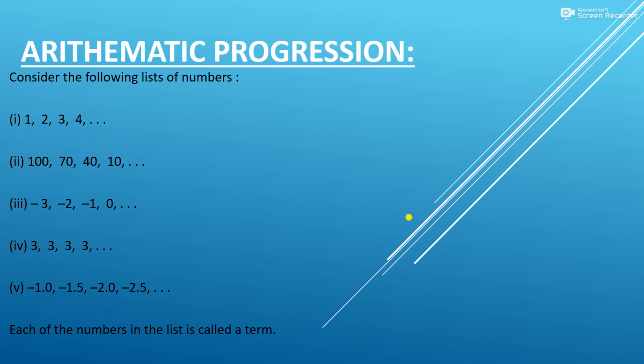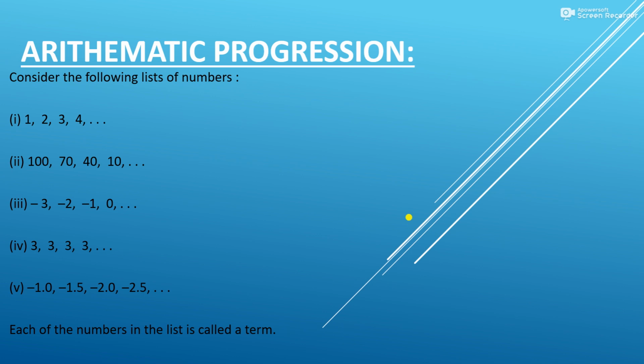And see the difference between the second term and the first term, that is 2 minus 1, which is 1. The difference between the third term and the second term, 3 minus 2, is also 1. The difference between the fourth term and the third term is also 1. Consider the second example.